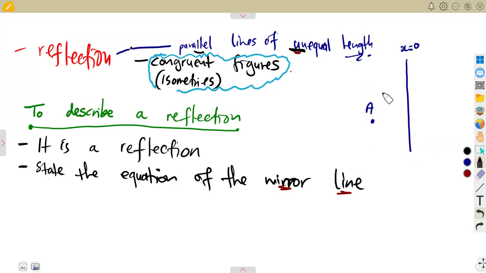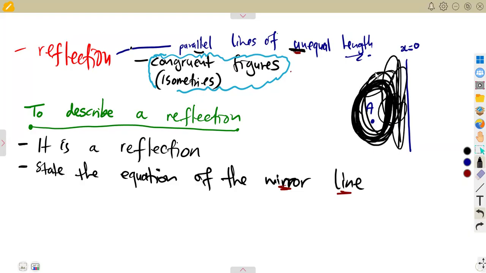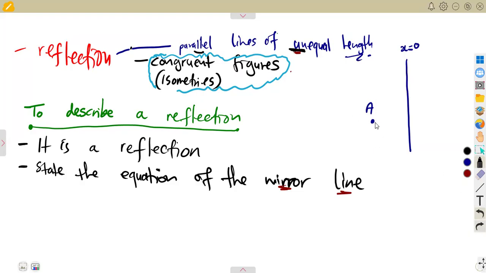So in actual sense, what I'm trying to say is that if the point A, which is our object, is on this side of the mirror, therefore its image must be on the other side of the mirror line, across the mirror.